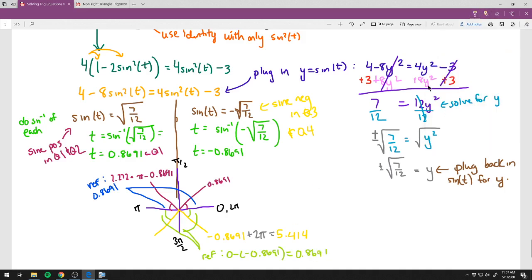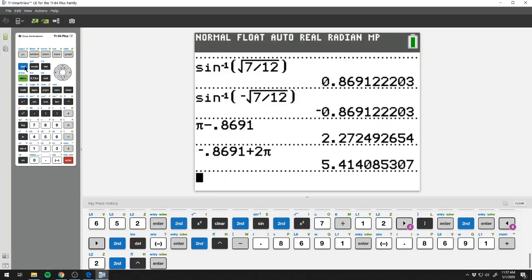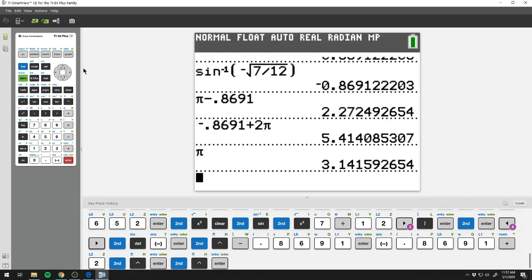And then that tells us our quadrant 3 angle here is going to be pi plus 0.8691.